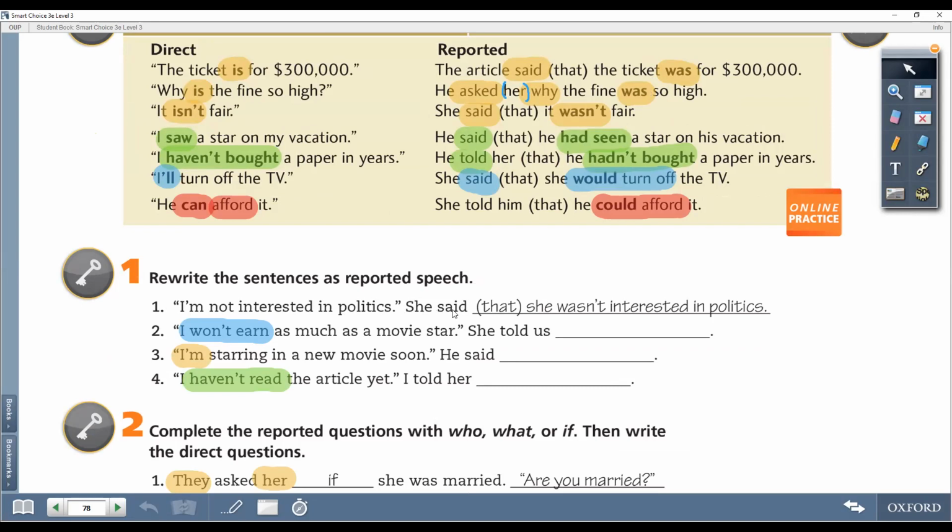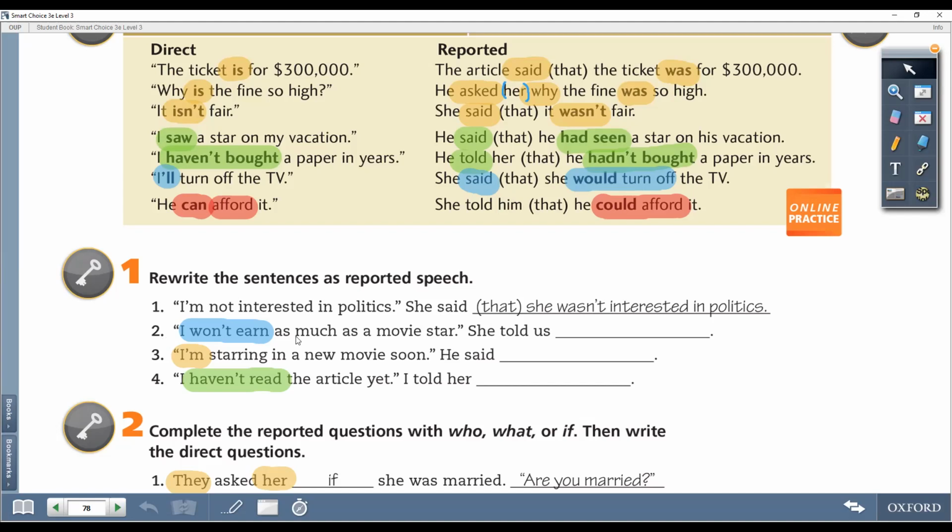So she said she wasn't interested in politics. The use of that is optional, okay? You don't need to use it. Just change the verb to be from present to past.